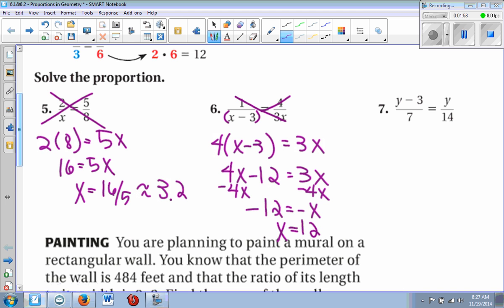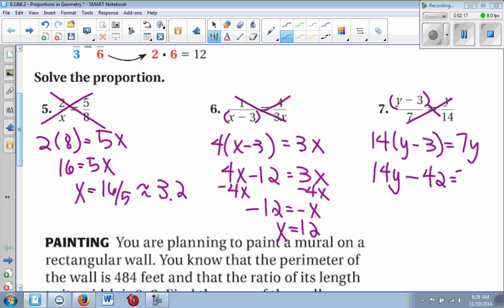In the next problem, it's a very similar problem. Remember to put the y minus 3 into parentheses so that you remember to use the distributive property when we do this problem. The other diagonal gives me 7y. So the first step for this would be to distribute the 14. Then we're going to, again, group the y's on the same side.